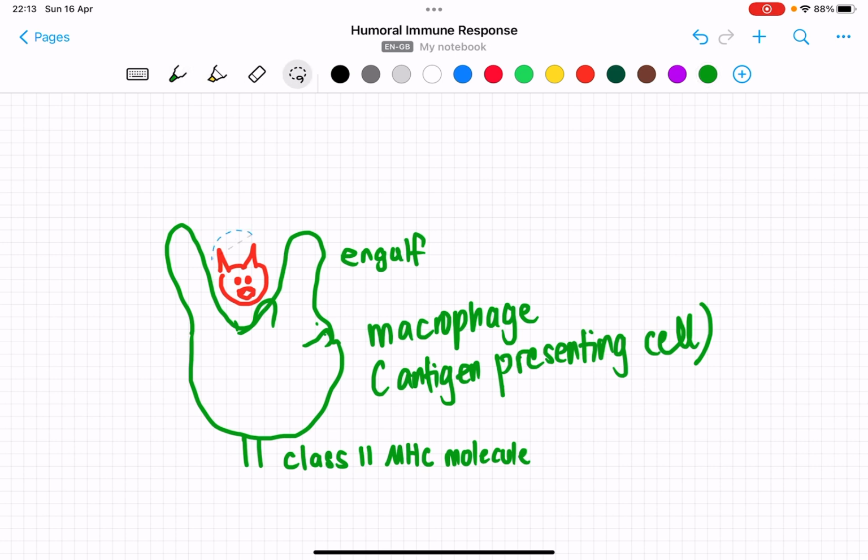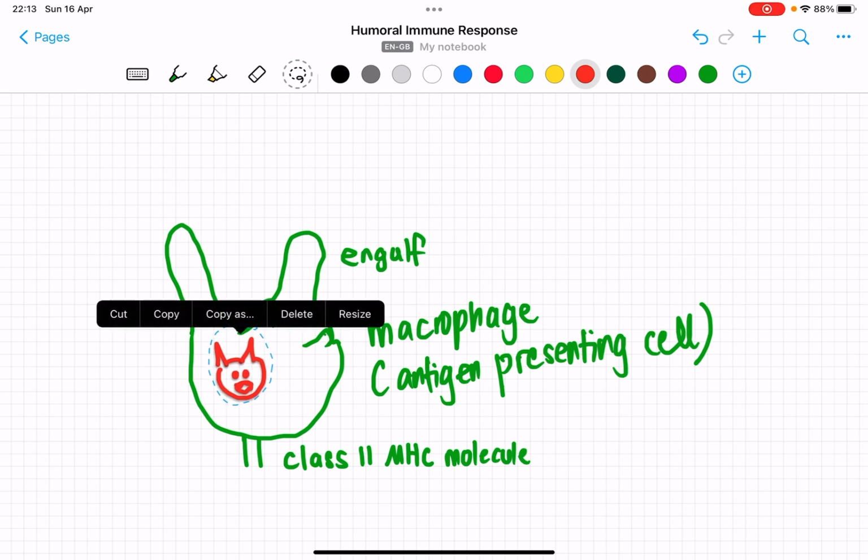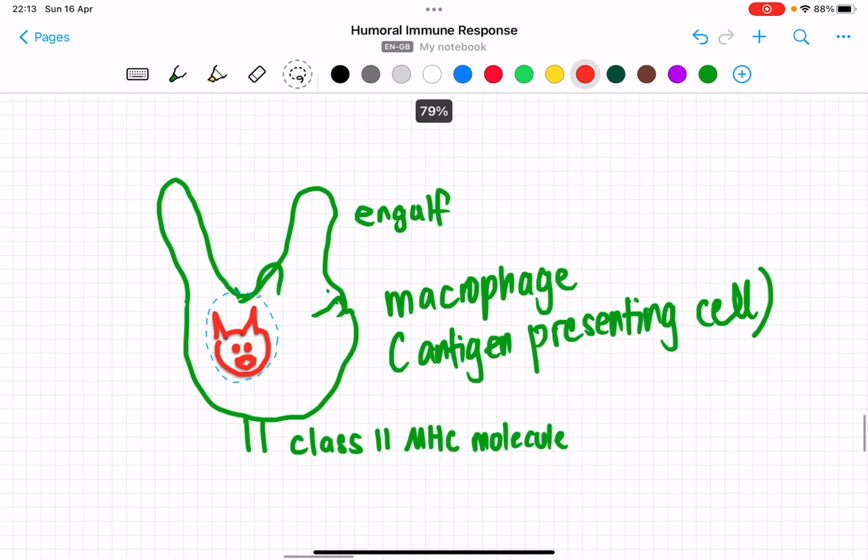And then the pathogen will be inside the macrophage. After it's engulfed by phagocytosis, the pathogen will be digested and broken down.